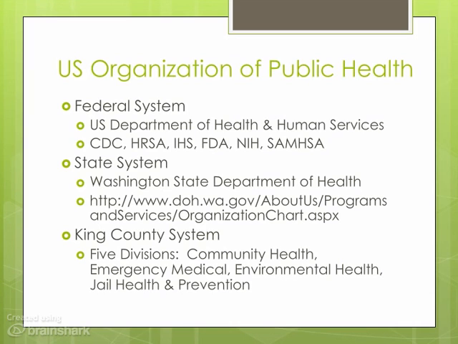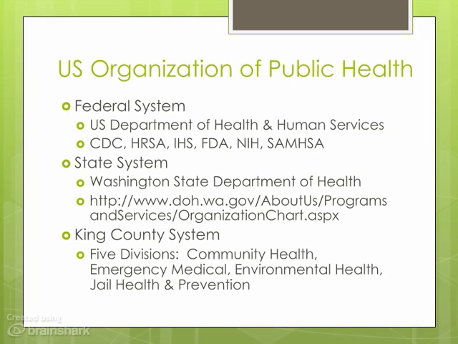The state system, Washington State Department of Health, is more an overseer of services throughout the state, and there's a lot of data that they are collecting to look at trends and so forth, and also what should we allocate money for in Congress in order to meet the needs of the population across the state of Washington. Where are the areas that are most at risk in terms of developing programs and services? But the actual delivery of services is on the county system.